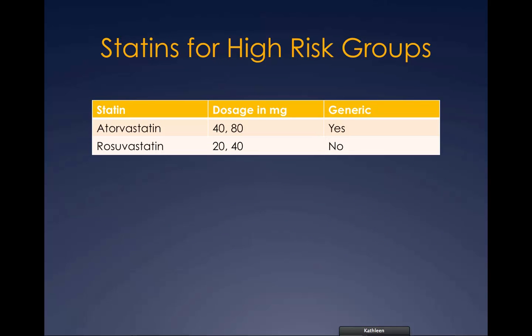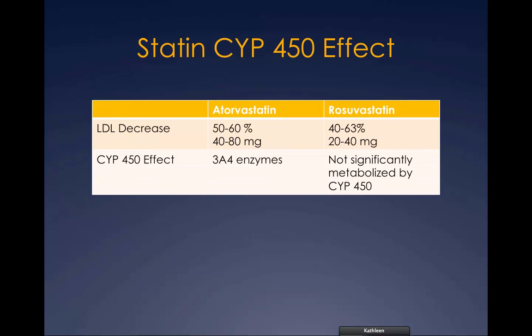Statins for the high-risk group, here they are. Notice that Pravastatin has no generic. So rosuvastatin is Crestor and atorvastatin is Lipitor. Statins that are metabolized by cytochrome P450 oftentimes have more adverse drug reactions with other drugs.